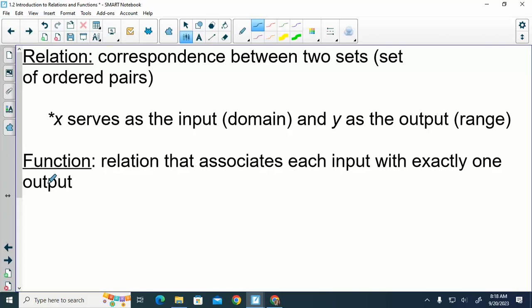A function is a specific type of relation where each input gets only one output. In other words, in a function, the x never repeats. Each x value is used one time and gives a single y value for the answer.